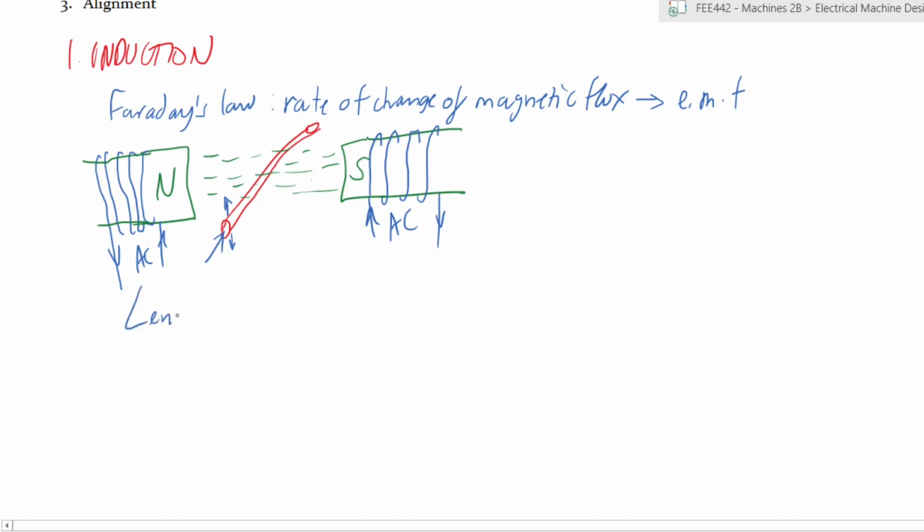This is in conjunction with Lenz's law, which states that the current that is induced due to the interaction of a magnetic field and a current carrying conductor will be such that it opposes the change that caused it.